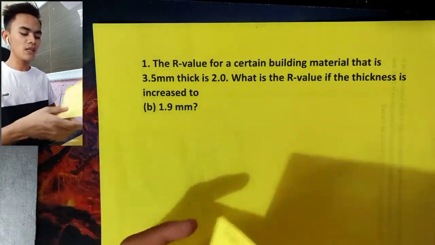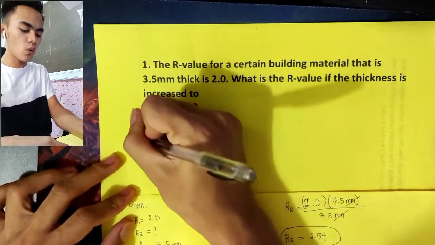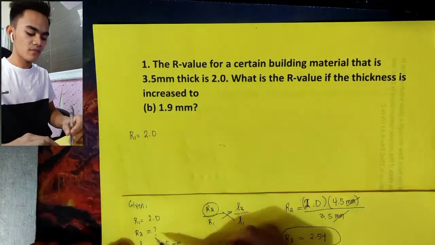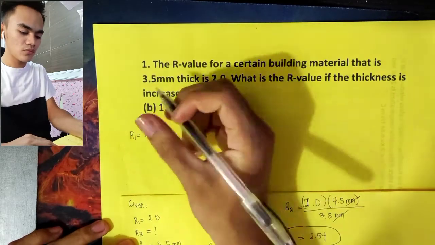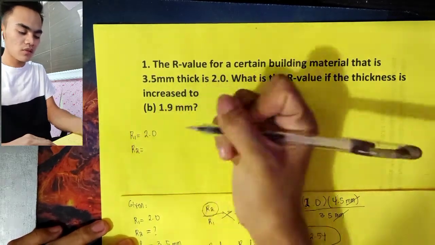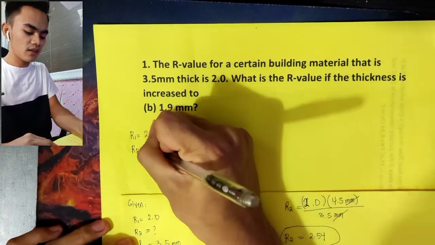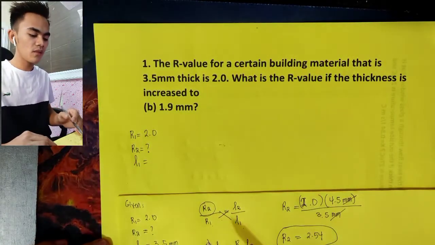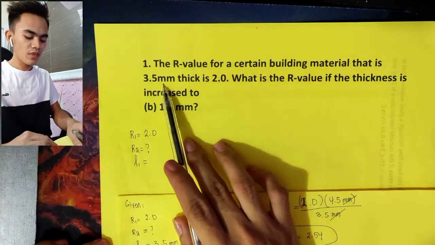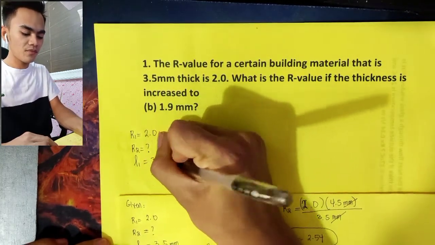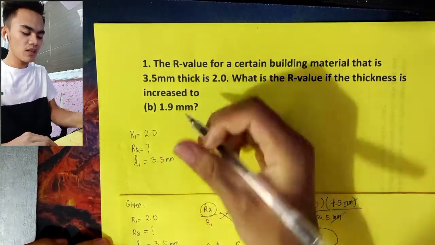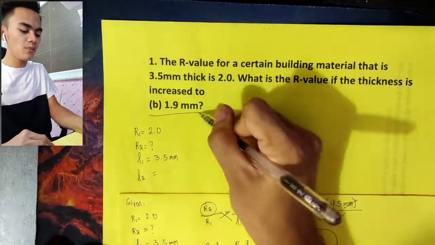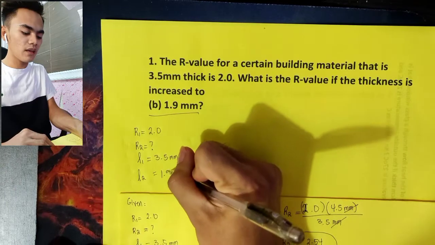The same as before, R1 is equal to 2.0 and R2 is missing, L1 is equal to 3.5 mm thickness, and L2 now is the new 1.9 mm.